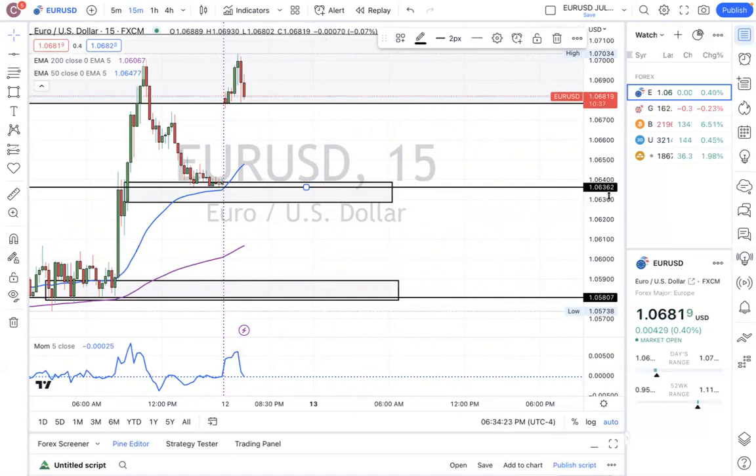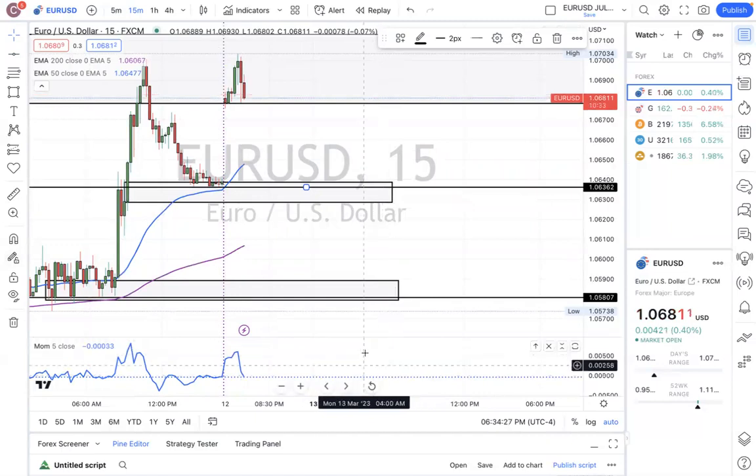Or even if you're getting down here and you set a sell stop, because remember, a sell stop would mean the market is up here, your sell stop entry is here. It means the market is dropping.